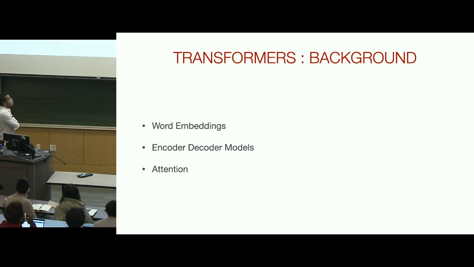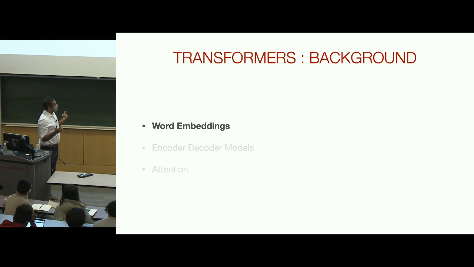Before we get into the transformers architecture, there are 3 main ideas that you've studied before: word embeddings, encoder-decoder models, and attention. They make up the transformer architecture. I think these 3 ideas are all you need to understand how the transformer architecture is built.